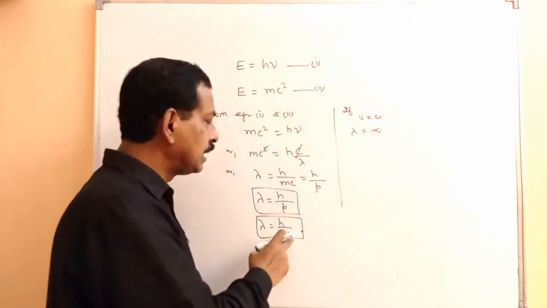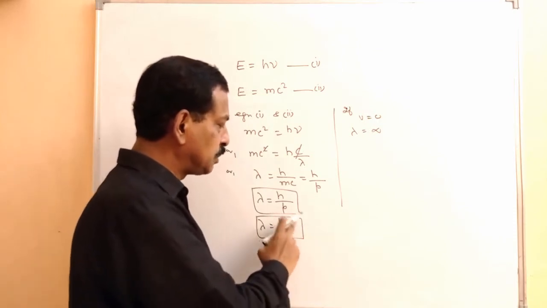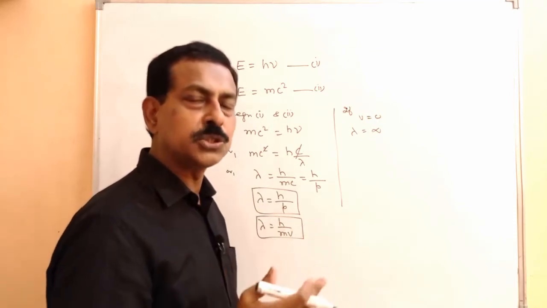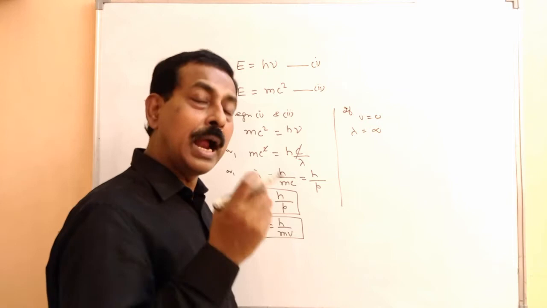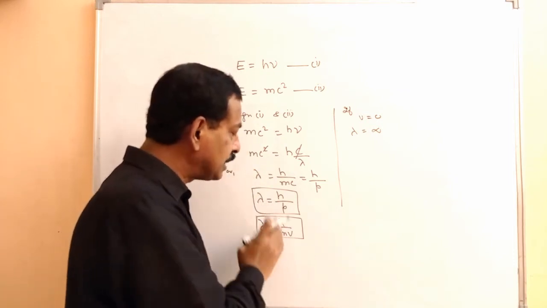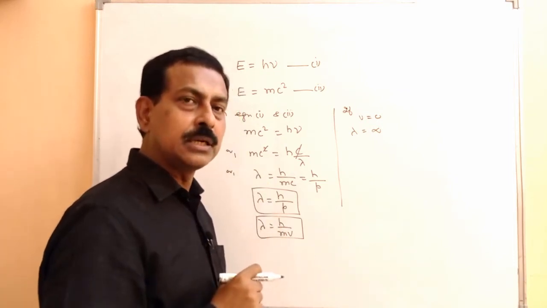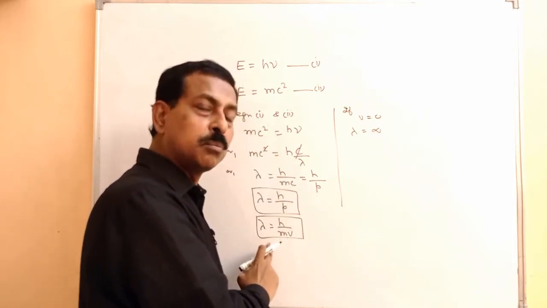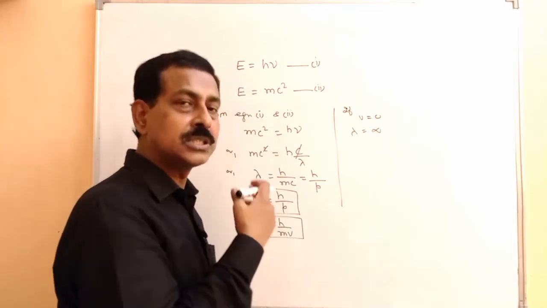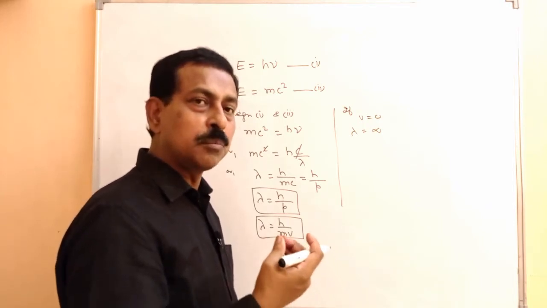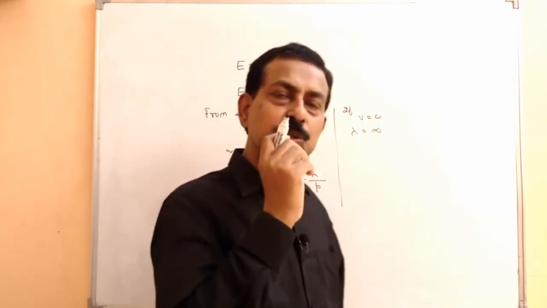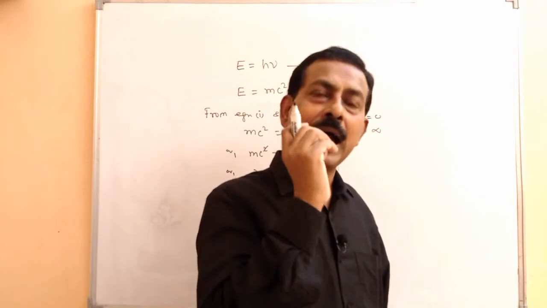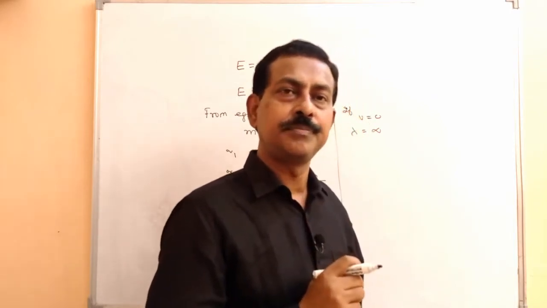Second, there is no charge in this particular expression. There is no charge associated. And if there is no charge associated, that means it is not an electromagnetic wave, because electromagnetic waves are associated with an accelerated charged particle.